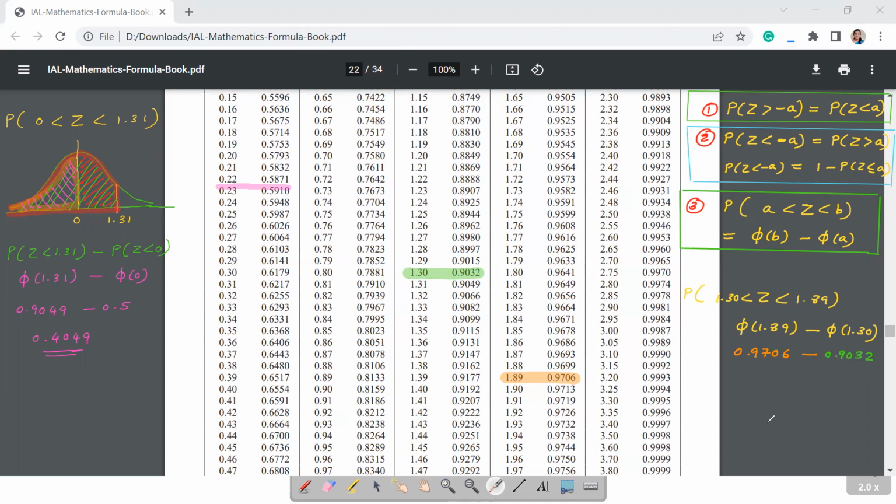All right, guys, so it's a matter of subtracting. So what's the answer? 0.0674. Is that correct? Okay, 0.0674. This is the answer.